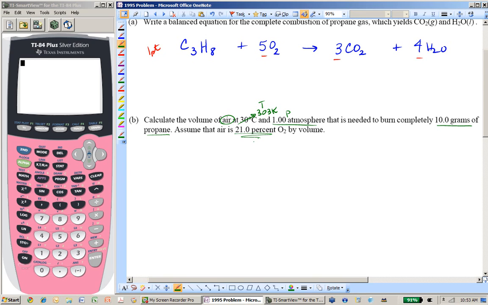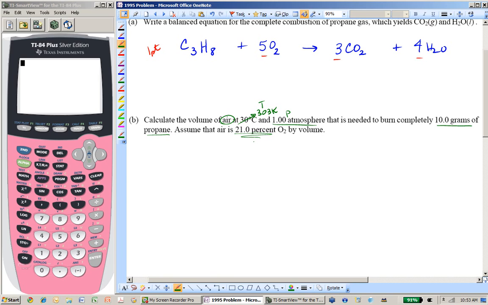So all I can do is calculate the amount of oxygen and realize that I'm going to need a whole bunch more air than what I actually calculate. So I'm going to take my calculation of the oxygen, which is the only thing I can do through PV equals nRT, and then I'm going to come back and inflate that by dividing my answer by the 0.21. That's what 21% translates into in decimal value. And that's going to make a much larger number, which will be the volume of air in liters that I need. All right, so off we go.